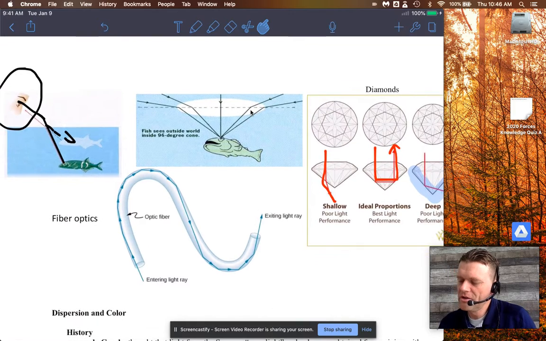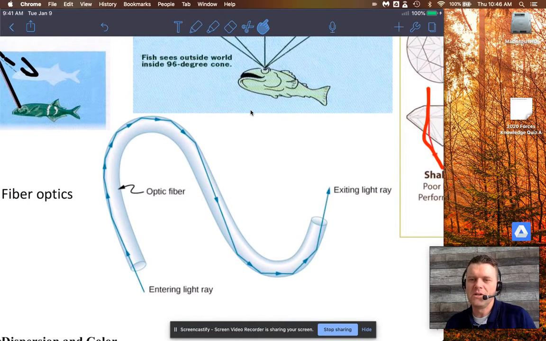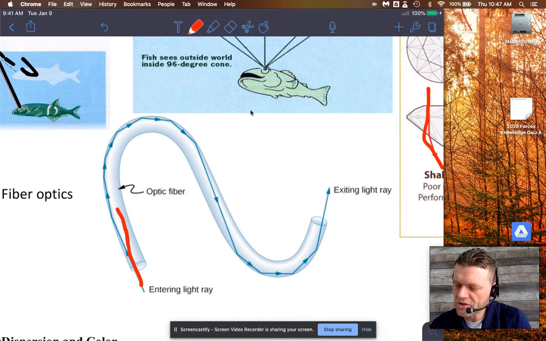So another really cool one is fiber optics. It's a common method for delivering internet these days, at least for land-based internet. And what's really clever here is that light rays will not leave the glass, because in a small diameter, it will just keep internally reflecting as it goes through the glass.